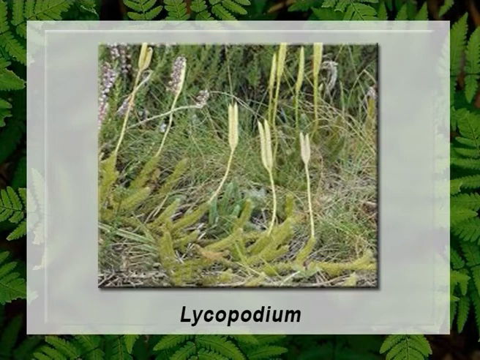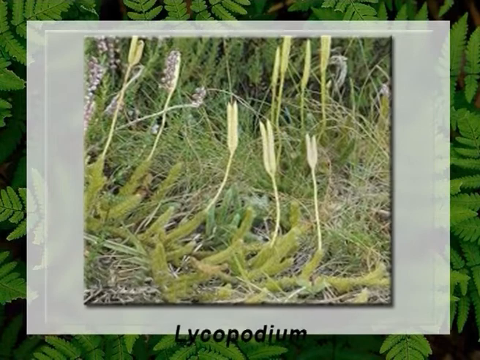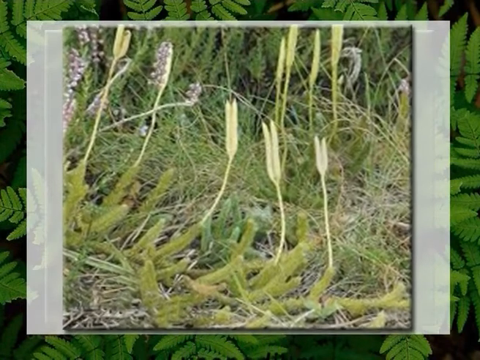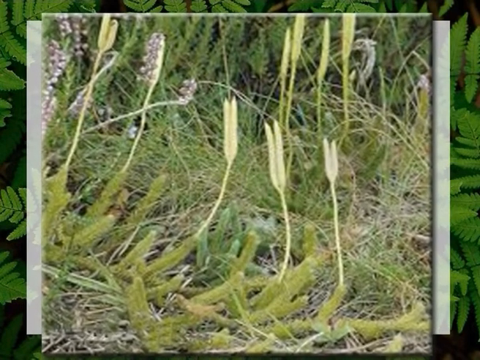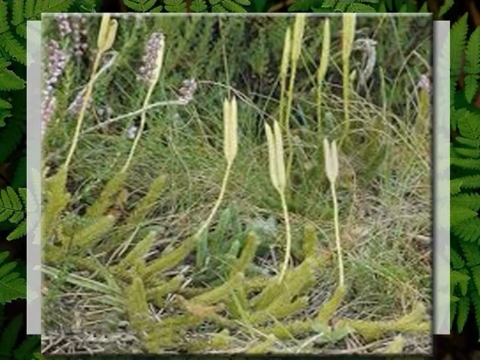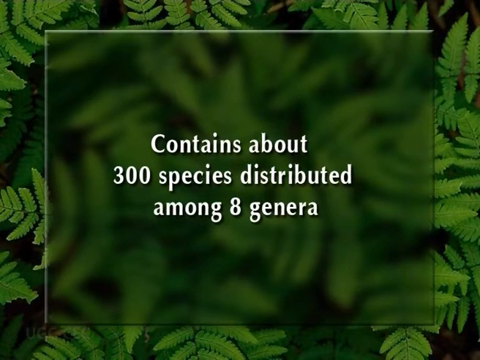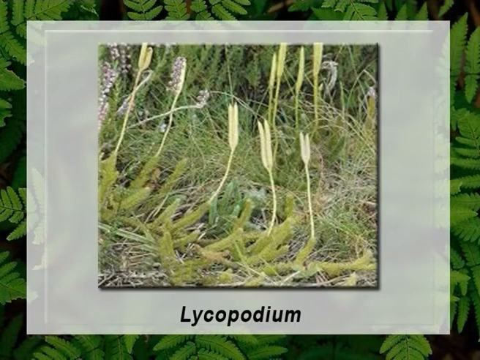The Lycopodiaceae, which are often called club mosses, are distinguished in having one type of spore, that is homosporous. It contains about 300 species which are distributed among 8 genera. Although resembling mosses, they are true vascular plants, wherein the long-lived phase is the sporophytic phase.